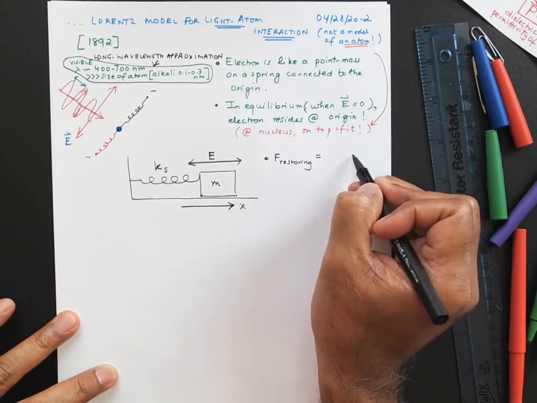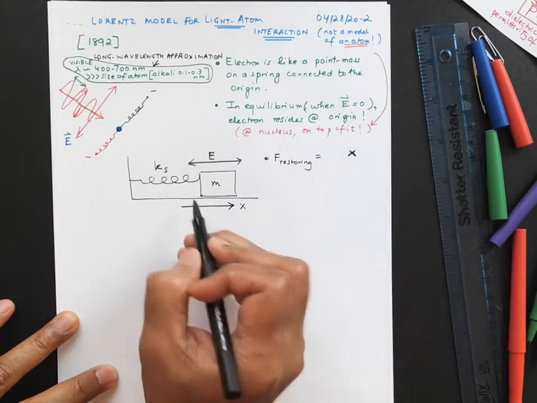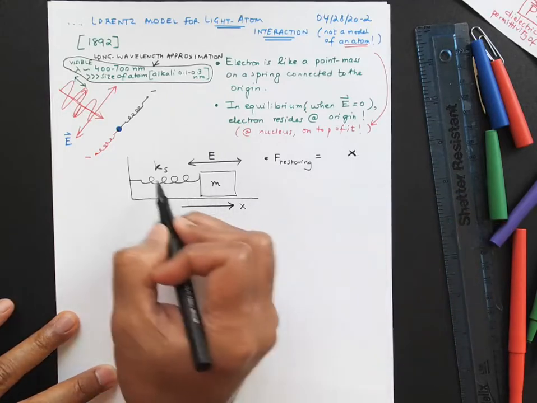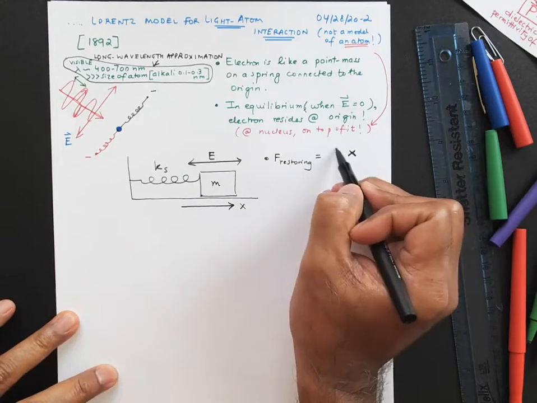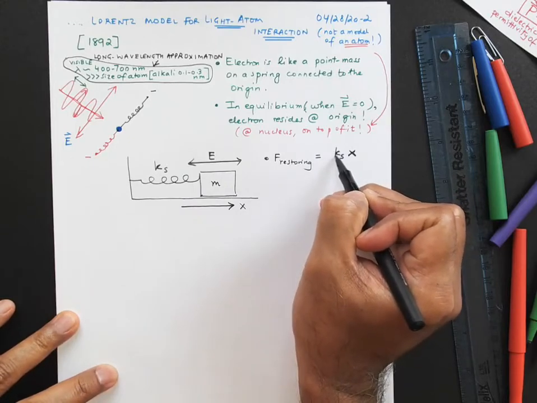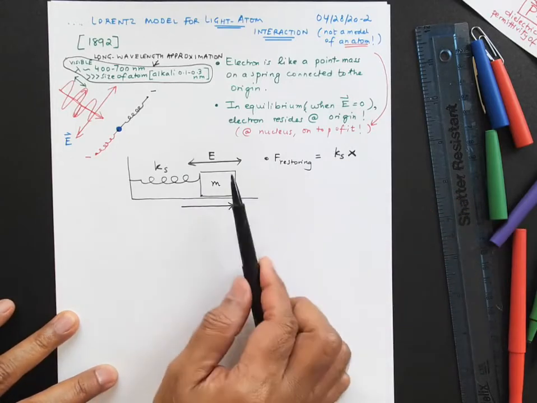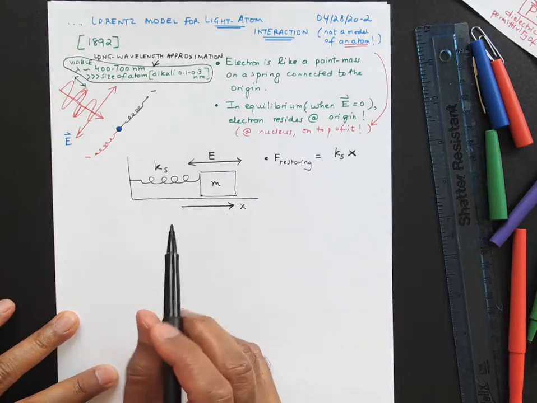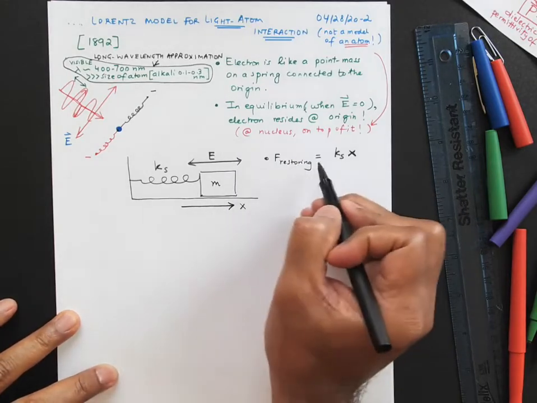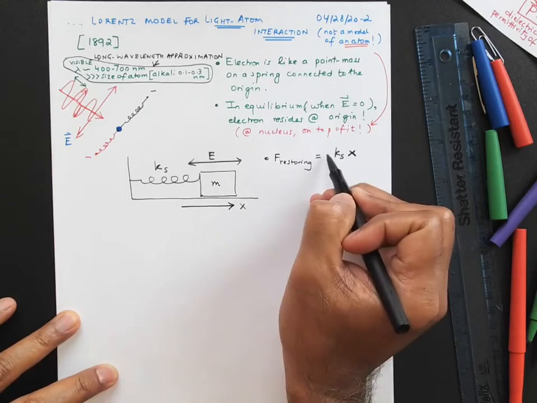So it's proportional to x, and the constant of proportionality is the spring constant. The stiffer the spring, the stronger the restoring force, and of course it's opposite to the displacement.